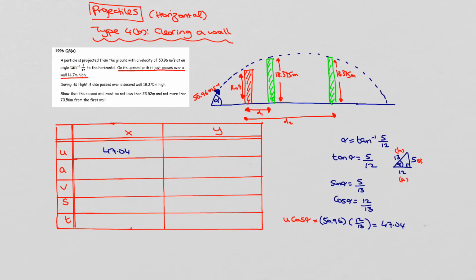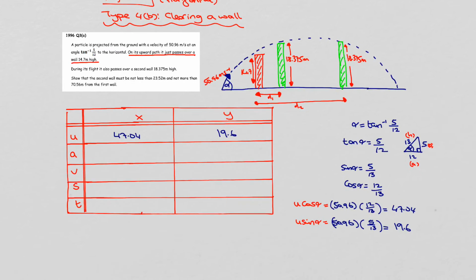And if I look at U sine alpha, so our velocity in the y direction, well then this is 50.96 times sine alpha, which is 5 over 13. And therefore that gives us a velocity of 19.6 meters per second. So in other words, U in the y direction is 19.6 meters per second.